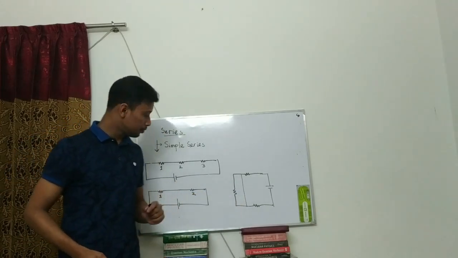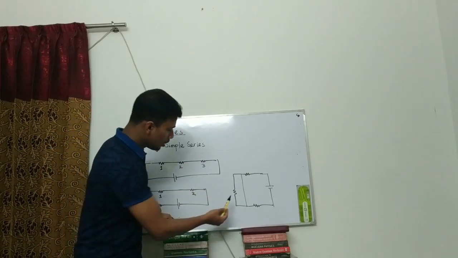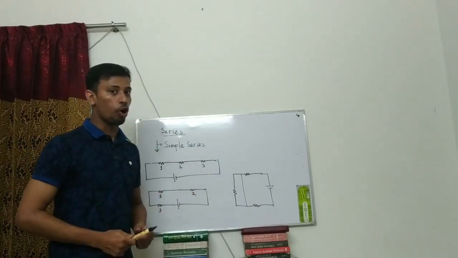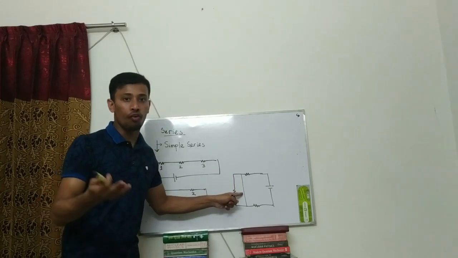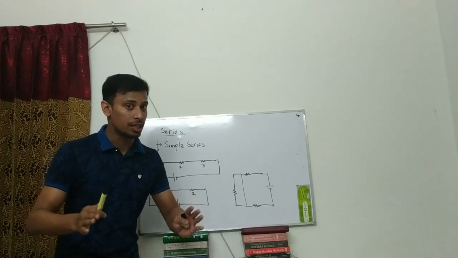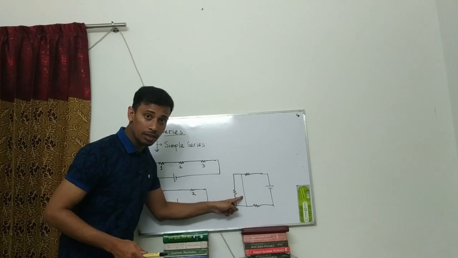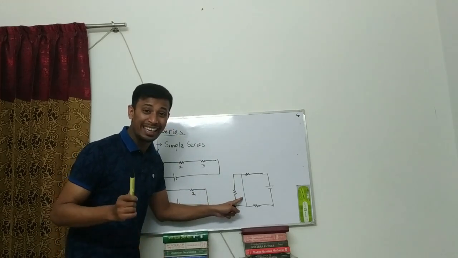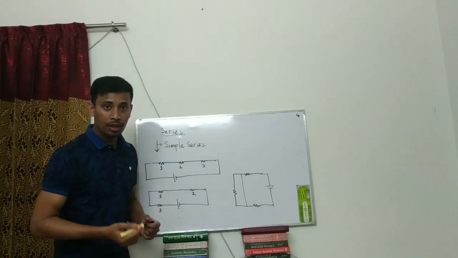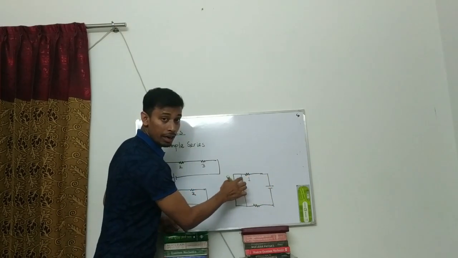Here we have another circuit. Now we can say that this shouldn't be a series circuit. Why? Because we have two parallel lines. But now here comes the most important thing. Obviously these two lines are parallel, but we have to consider resistance, whether they are parallel or series. Here this line excludes any resistance. This line is known as the short line. When the current starts flowing from here, it moves through number 1.